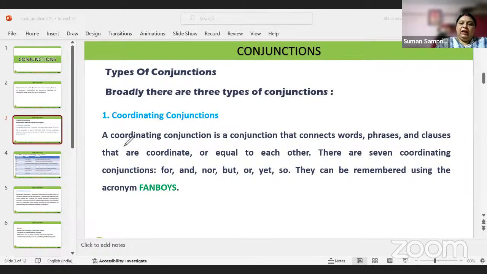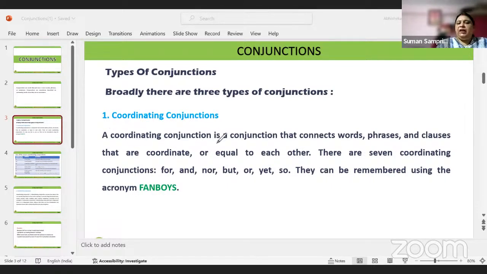Then what is the function of the coordinating conjunction, or what is the use of it? Coordinate means to take things further. Suppose you are given some responsibility and you are going to do it by coordinating with others, meaning you are going to talk about it elaborately.